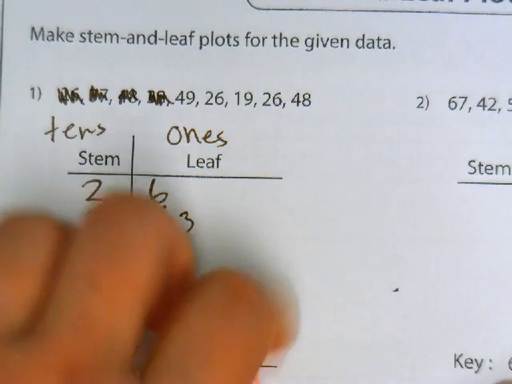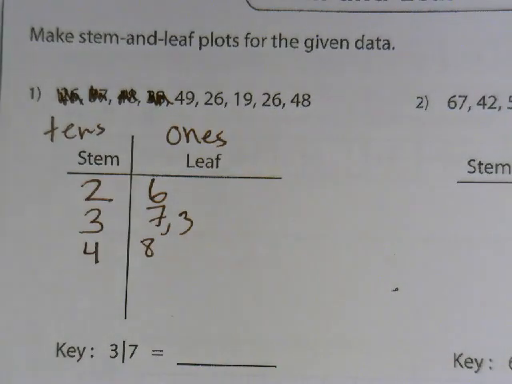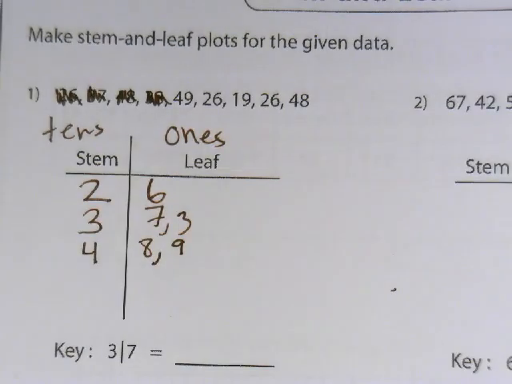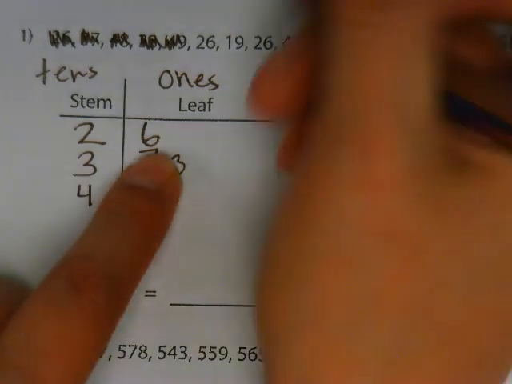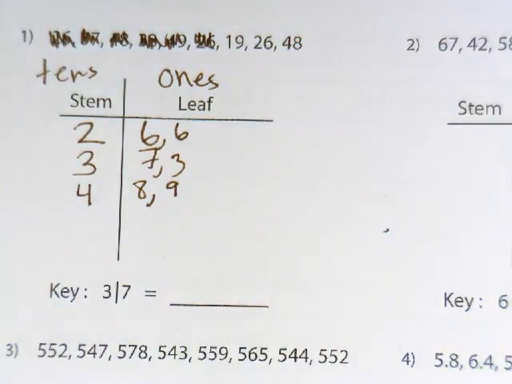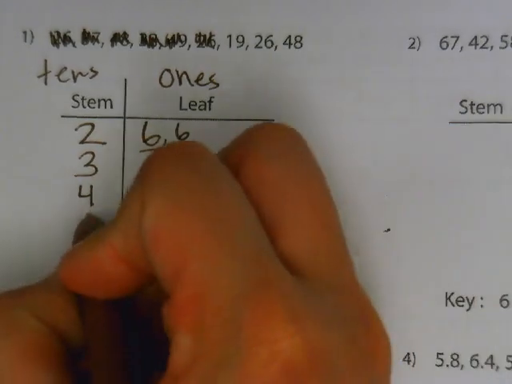So how would you break up the 49? What's the only thing I really have to write down? The 9 next to the 8. The 26. Where do I put the 26? Next to the 2 and the 6. Ooh, 19. Do I already have a 1? Nope. So I'm going to put the 1 here and the 9 here.